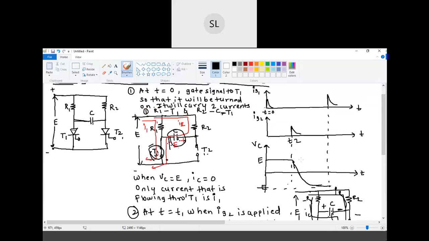So here at t is equal to T2, T2 was on, T1 was off, right? At t is equal to T3, T1 was on and T2 was off. Okay, so again capacitor will start discharging, it will complete its discharge and it will again recharge with the opposite polarity.